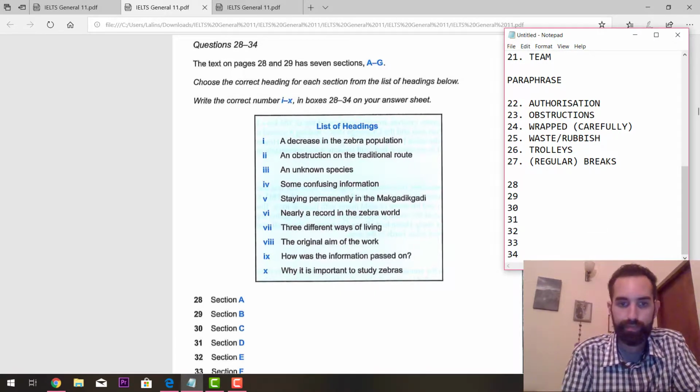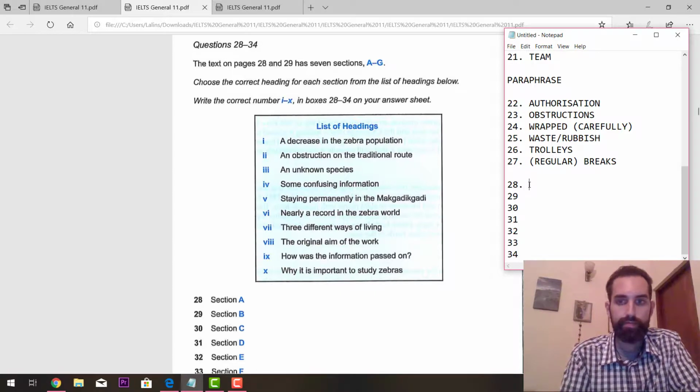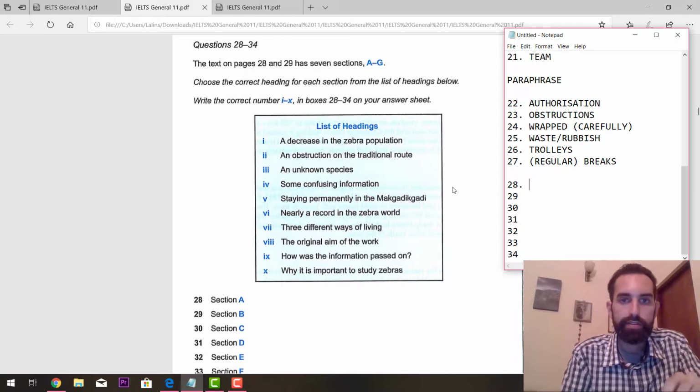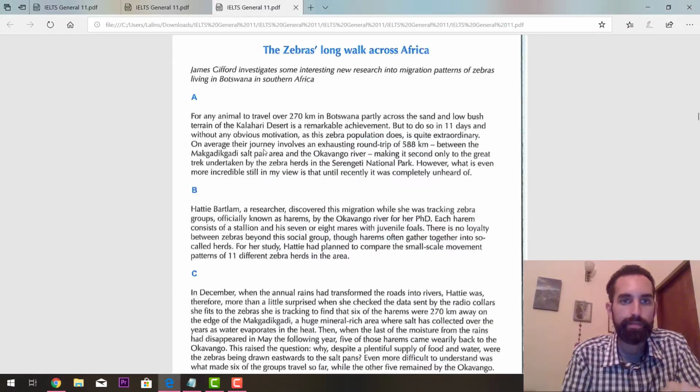Alright. Okay, so now we're looking for section A. The zebra's long walk across Africa. James Gifford investigates some interesting new research into migration patterns of zebras living in Botswana in southern Africa.